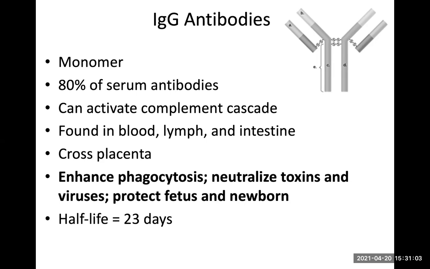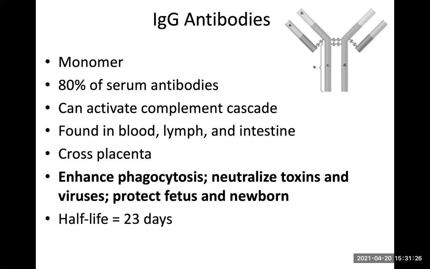It's a monomer, as you can see, just one unit. Most of the antibodies in your serum will be monomers, 80%, and specifically IgG. These are good at activating complement. They're really good at enhancing phagocytosis, so opsonization.